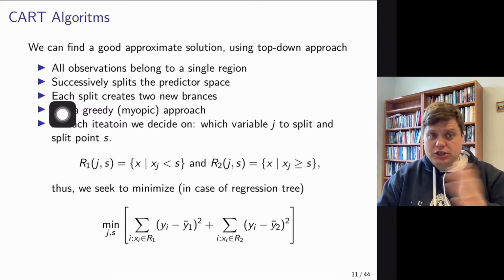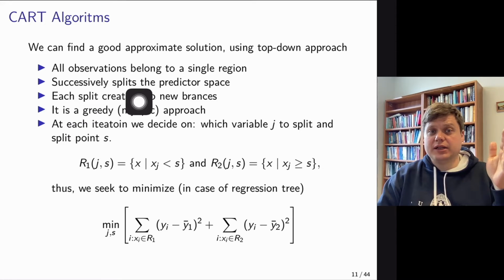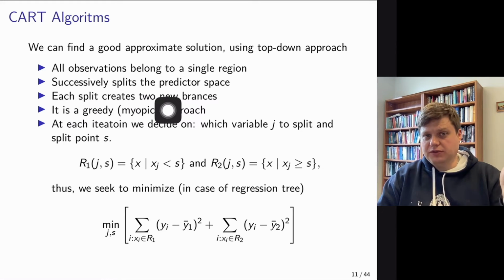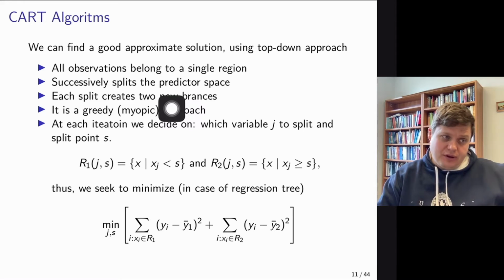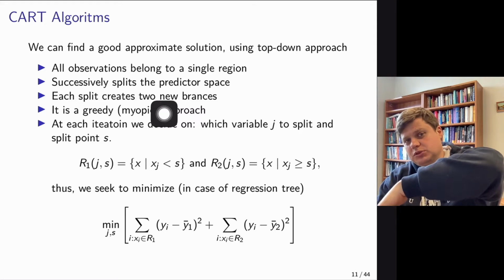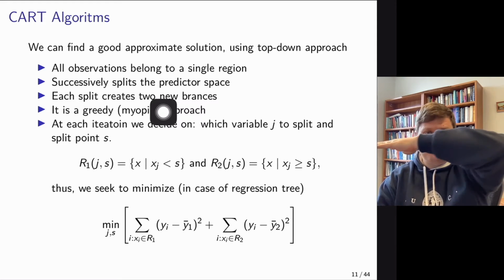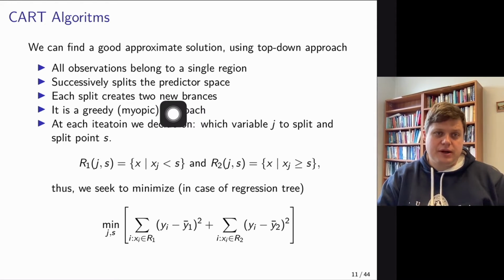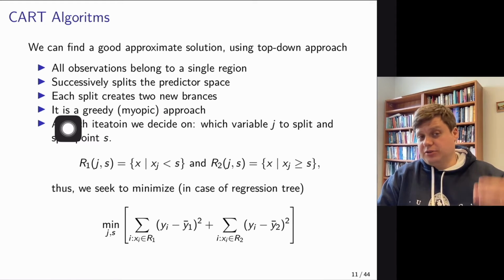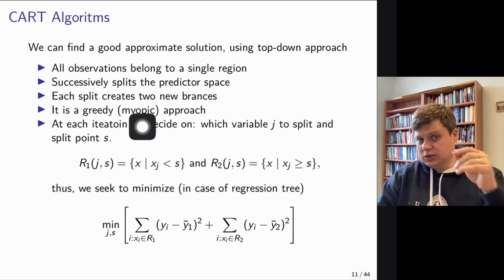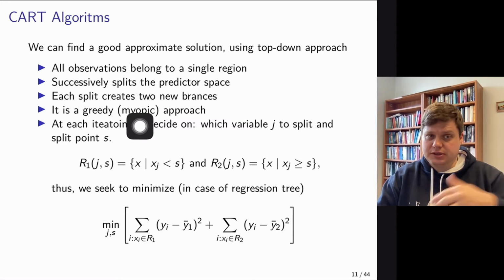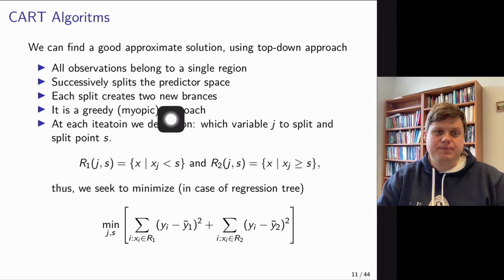Each split creates two new branches of the tree. Once you divide the region, you have one branch corresponding to the left side and another to the right, or top and bottom if you divide in this direction. The algorithm is a greedy or myopic approach, meaning it does one variable at a time instead of considering all of the variables at the same time.